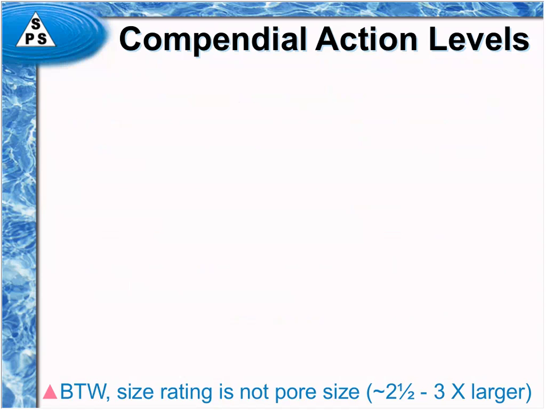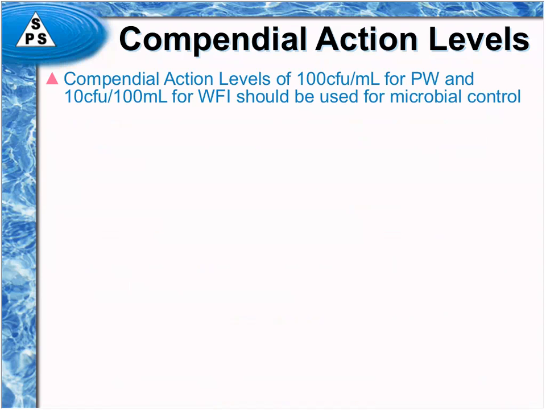Okay, compendial action levels. You have heard and see published compendial action levels of 100 CFU per ml for purified water and 10 CFU per 100 ml for WFI. And therefore, these should be used as your action levels for microbial control. And that is wrong.